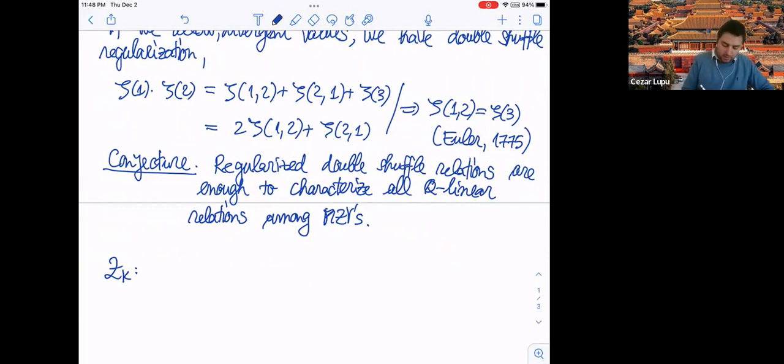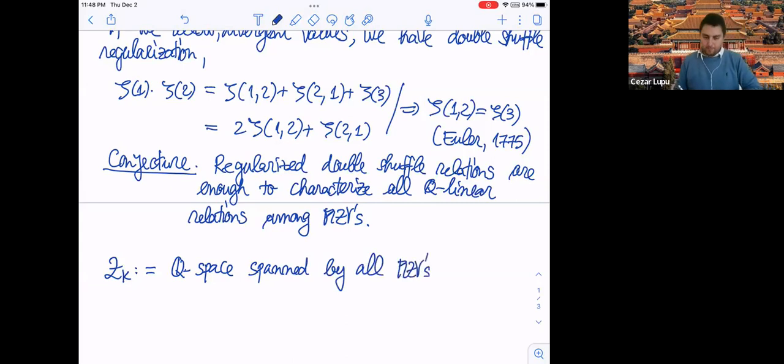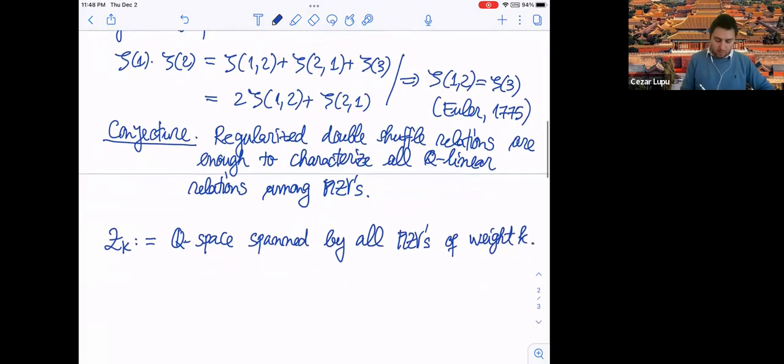So this is the Q vector space spanned by all multiple zeta values of weight k. In other words, we can write this as the following. So Z_k is nothing else than this guy.